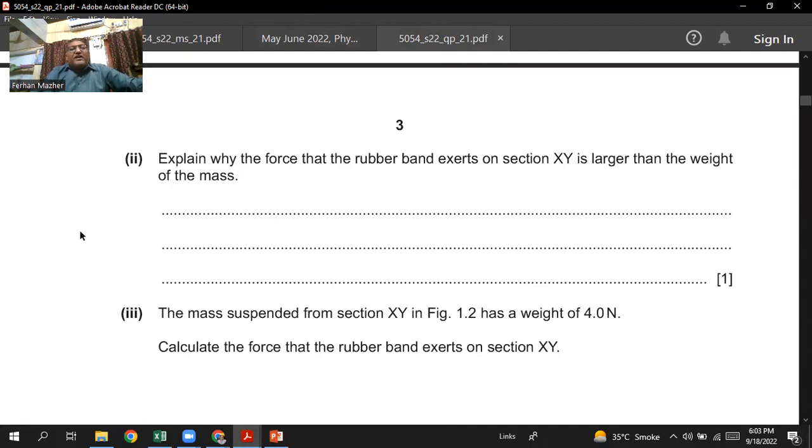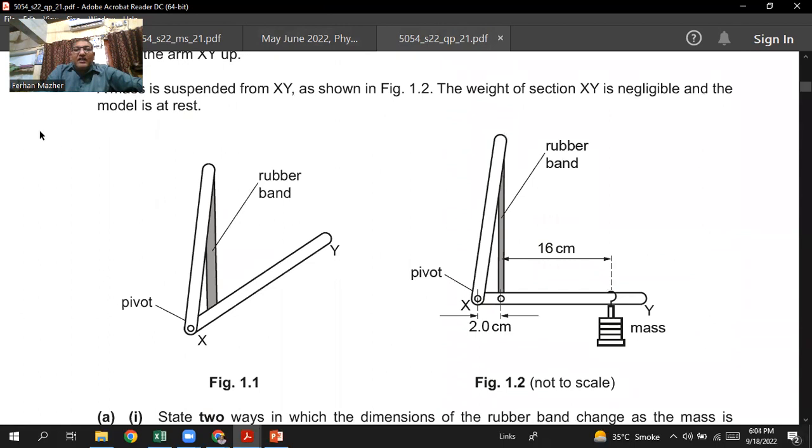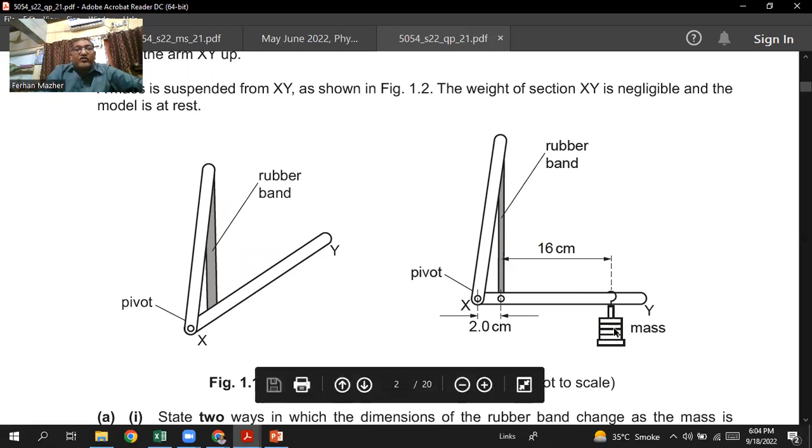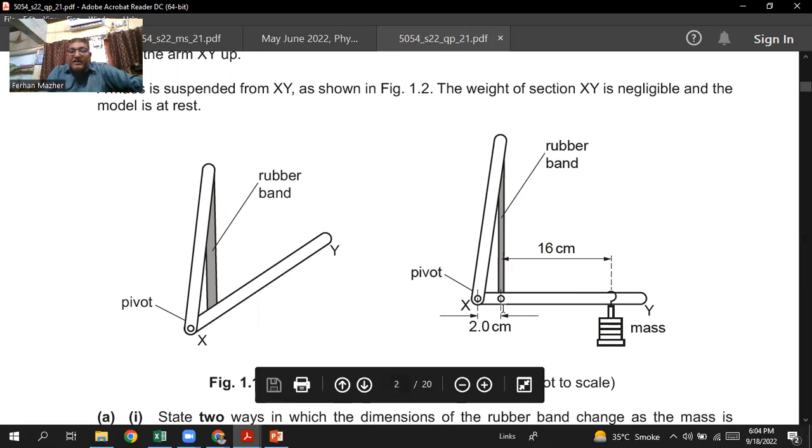Next question is, explain why the force that the rubber band exerts on the section XY is larger than the weight of the mass. The reason is very simple. This is trying to produce an anti-clockwise moment about the pivot, and this mass, due to its weight, is trying to produce a clockwise moment about the pivot. Because both the moments are equal to each other, and the moment arm of the rubber band is small, and the moment arm for the weight of this mass is larger, which is 18 centimeter.